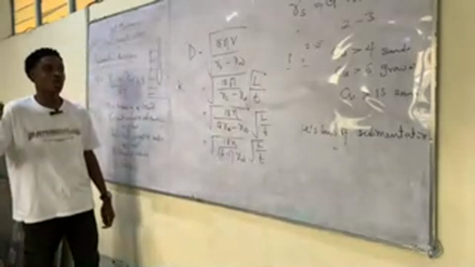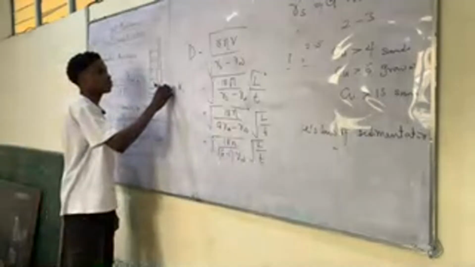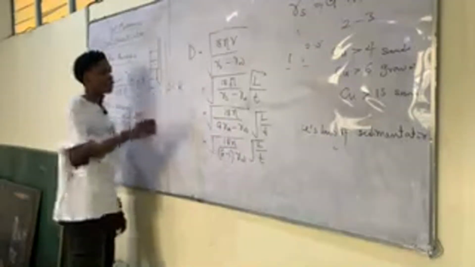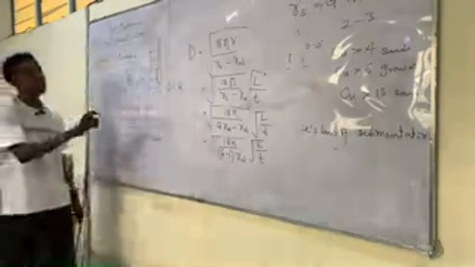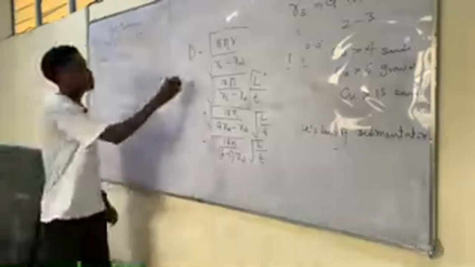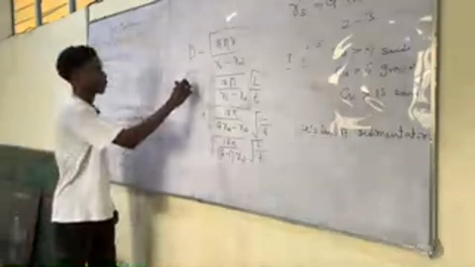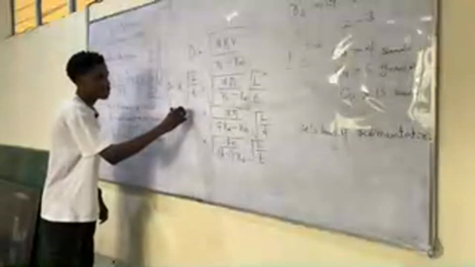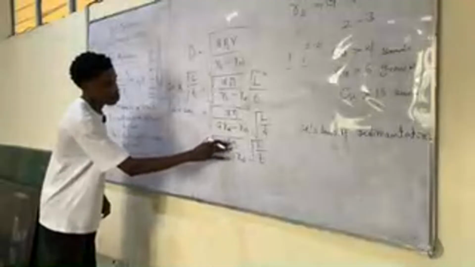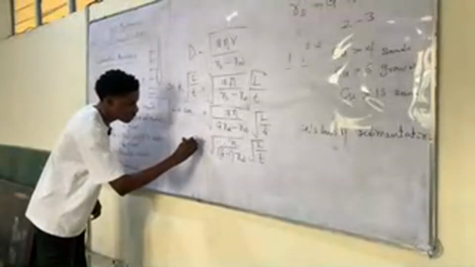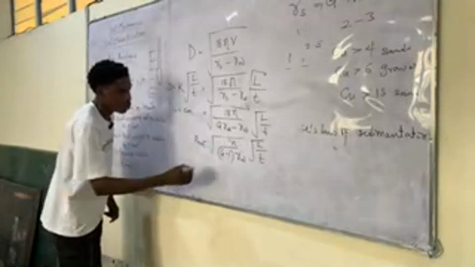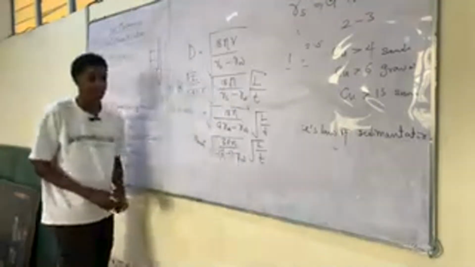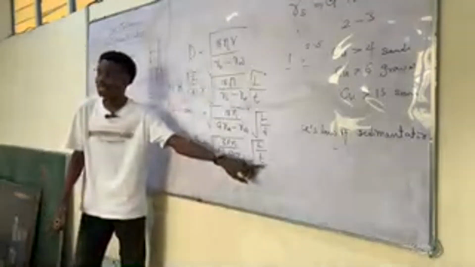So at a particular temperature, the diameter of a particle falling in a liquid is this. This is a constant where L is in centimeter. Also, when you have this in millimeter, the final formula will be 30. Why? Because originally this is taken as seconds.